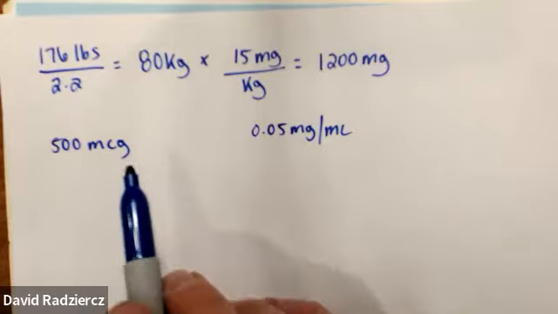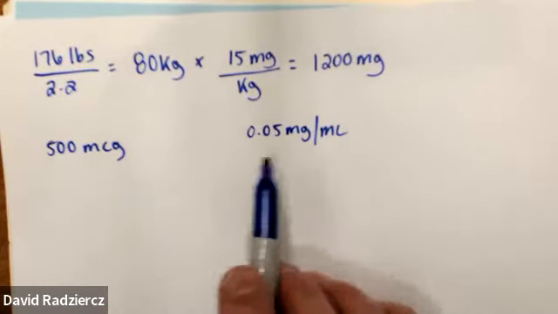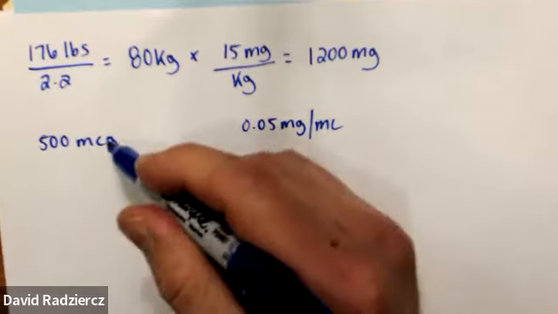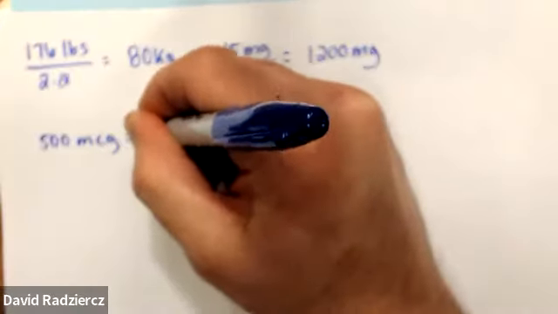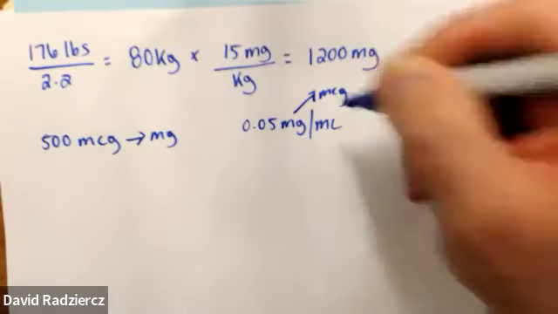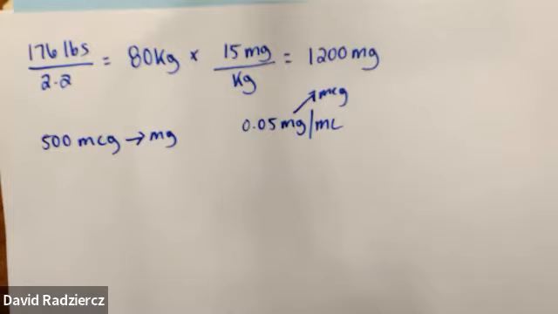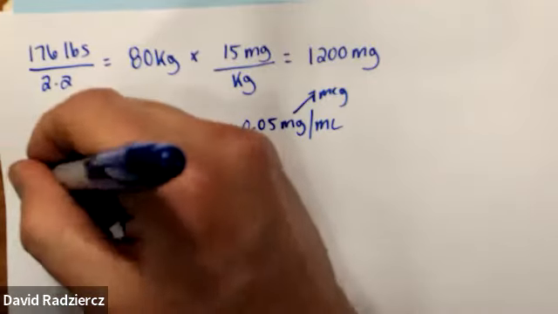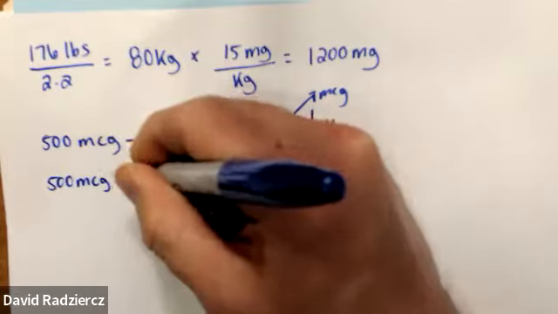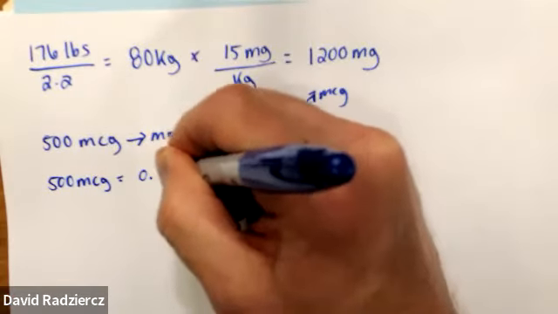or you need to know that you can't compare these two directly. You have to make a conversion, either convert this to milligrams or convert this to micrograms. And either way you do it, as long as they're both in the same unit, it'll be right. So let's just do this one. 500 micrograms is equal to 0.5 milligrams.